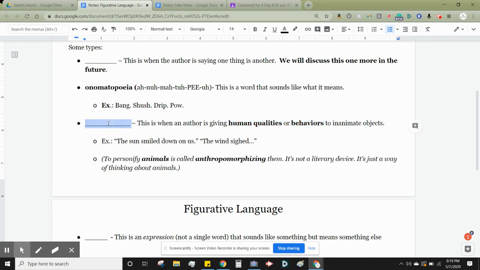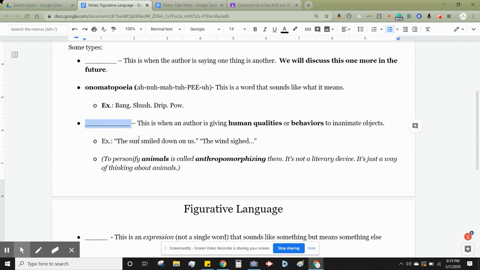And this is personification. I think you've heard about this one as well. It's person, ification, I-F-I-C-A-T-I-O-N. To ificate something is to make it into. So personification is making something into a person.